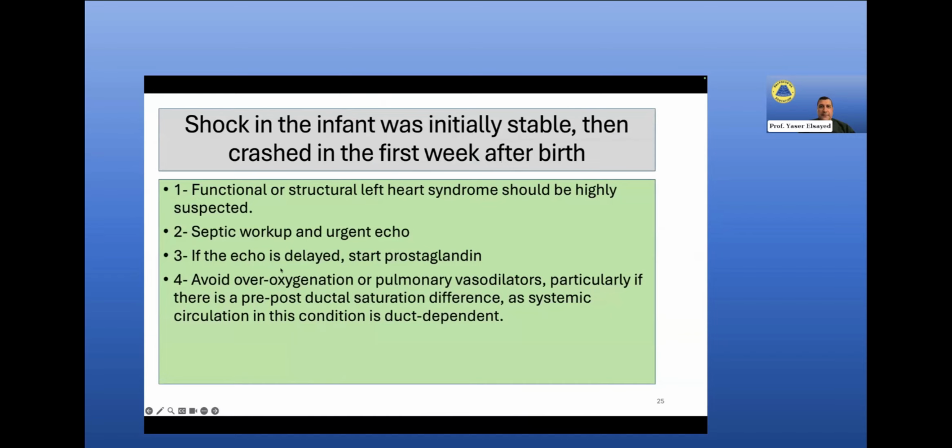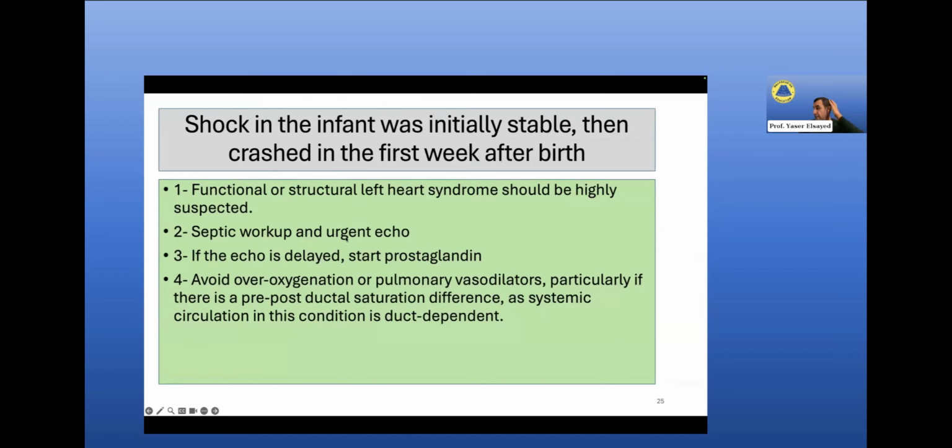So another case scenario here, just to remind you, when you have a shock infant who's initially stable and then crashed. So the infant was stable with mom for 1 or 2 days and then crashed with shock. And you may see pre and post ductal saturation difference. The first thing that you need to do without hesitation is to start the prostaglandin.